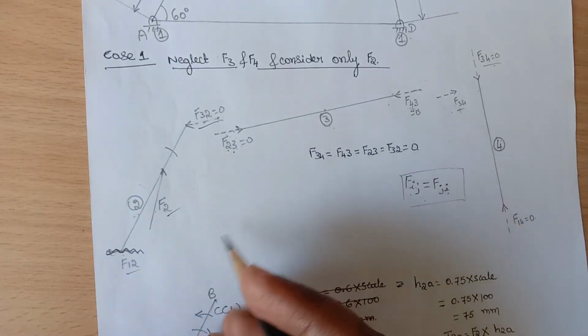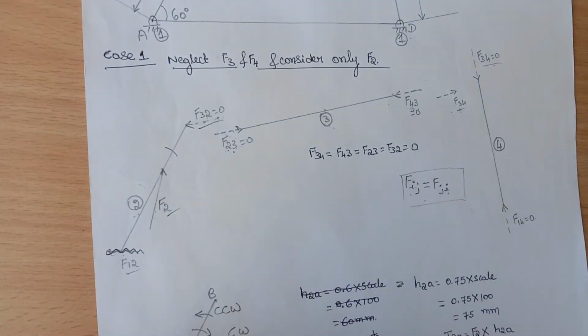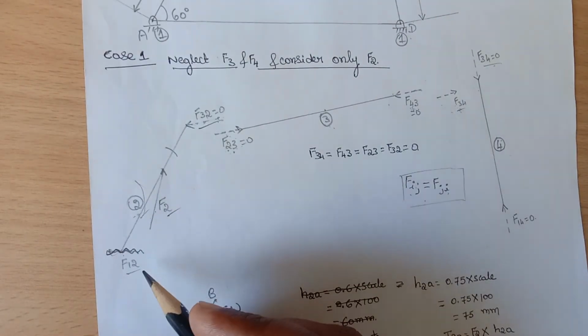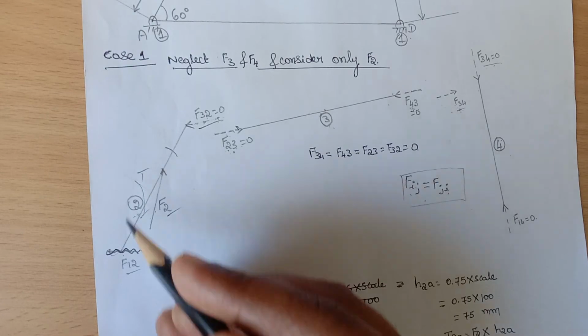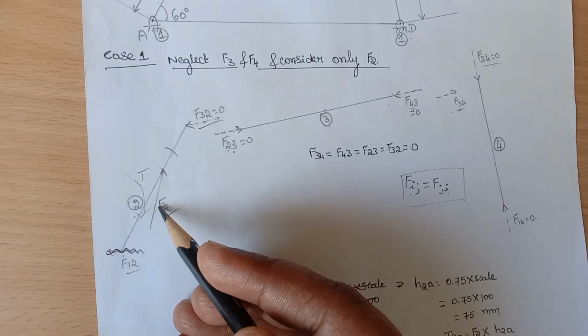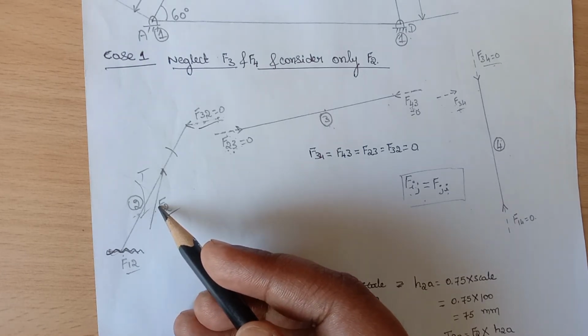What are those conditions of equilibrium? Please try to recall. The forces are opposite in direction, equal in magnitude and parallel to each other. That means when there is a torque and when there are two forces, these two forces are parallel to each other, opposite in direction and equal in magnitude.